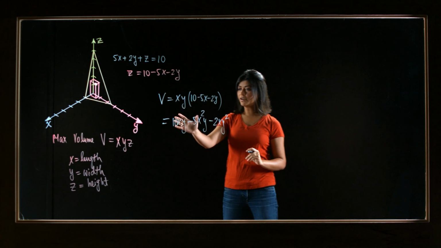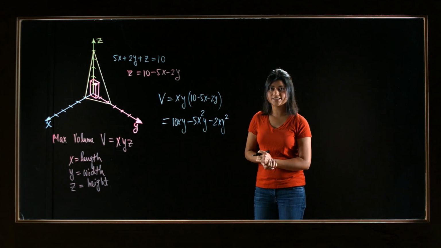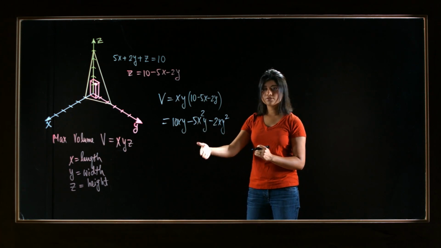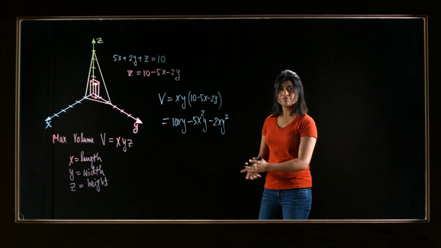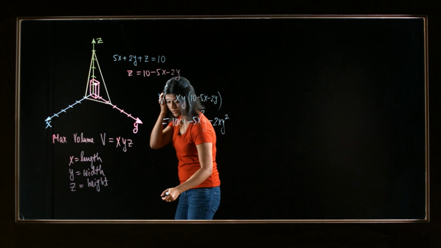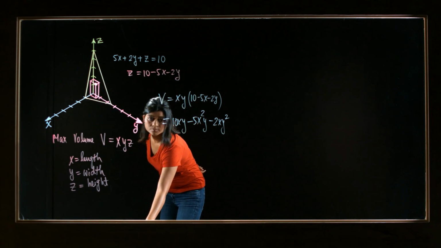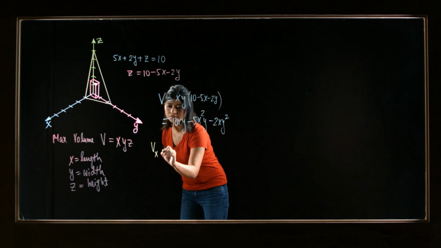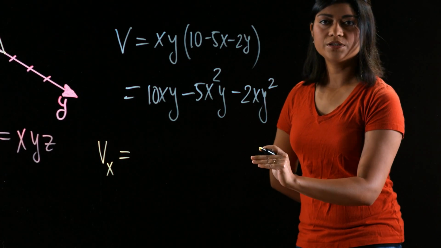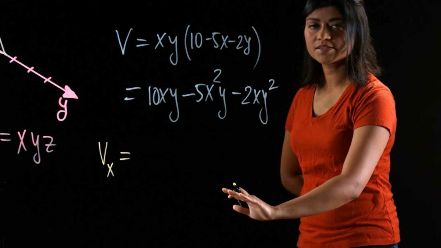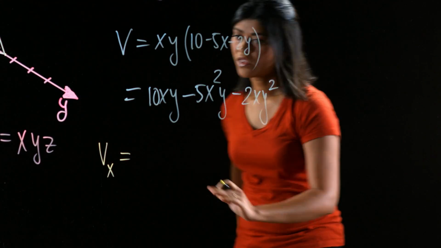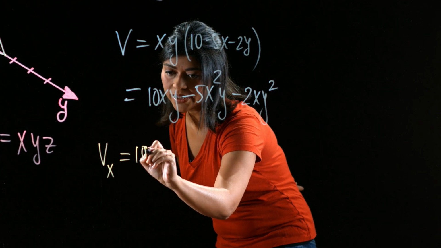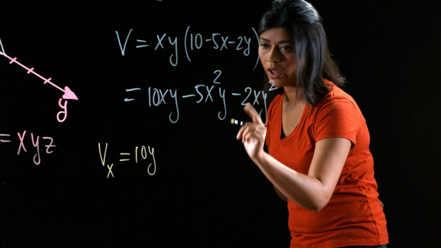Okay, so we have a function in two variables and we know how to find the maximum for this function. We have to take the derivatives, set them equal to 0, and then find critical numbers. So let's compute Vx, the partial derivative of the function with respect to x, which means y is constant. Looking at each term: the first term, 10y is constant, and the derivative of x is 1.